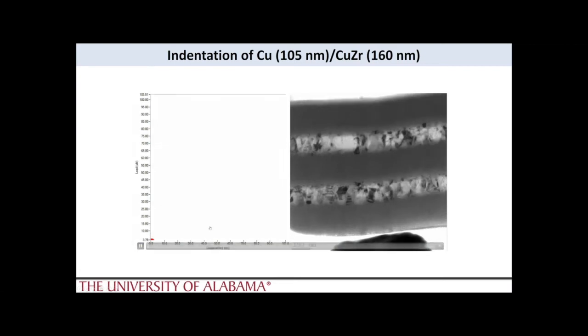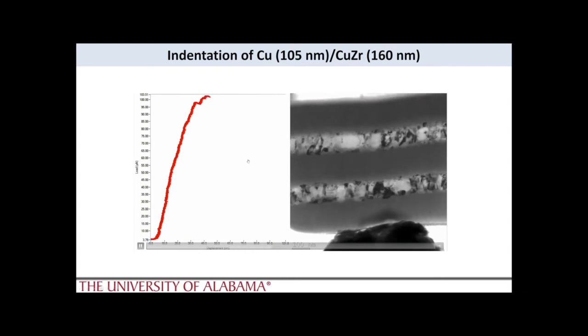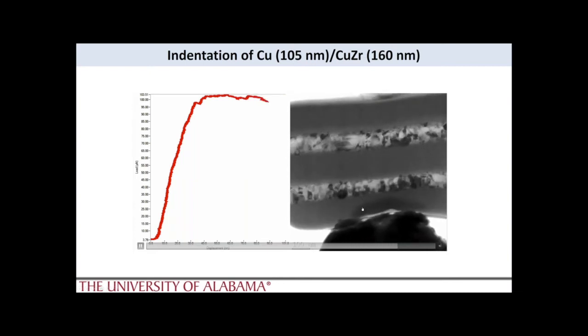We can watch here as we go through this. We can see a lot of contrast changes going on. We can correlate this to maybe a pop-in event that we see here of a shear band. And we now have to decipher what is going on in these reactions.